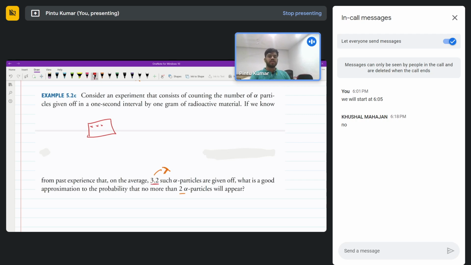If 3.2 is the average number of alpha particles being emitted, then the probability of one particular atom getting emitted would be 3.2 by n. So n is very large and the probability is very small, so if you use the Poisson distribution, you will get a very good estimate.